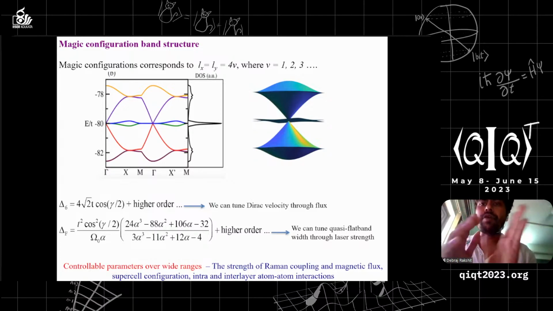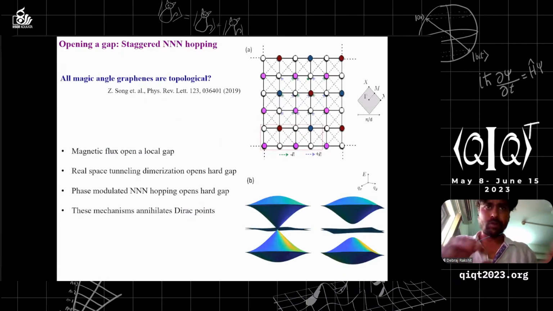So if we want to see the role of topology, you would like to see some gap opening. What you can do is first break the sublattice symmetry. You can introduce some on-site potential, or in colloquial language, chemical potential, but on-site potential is the more correct term.